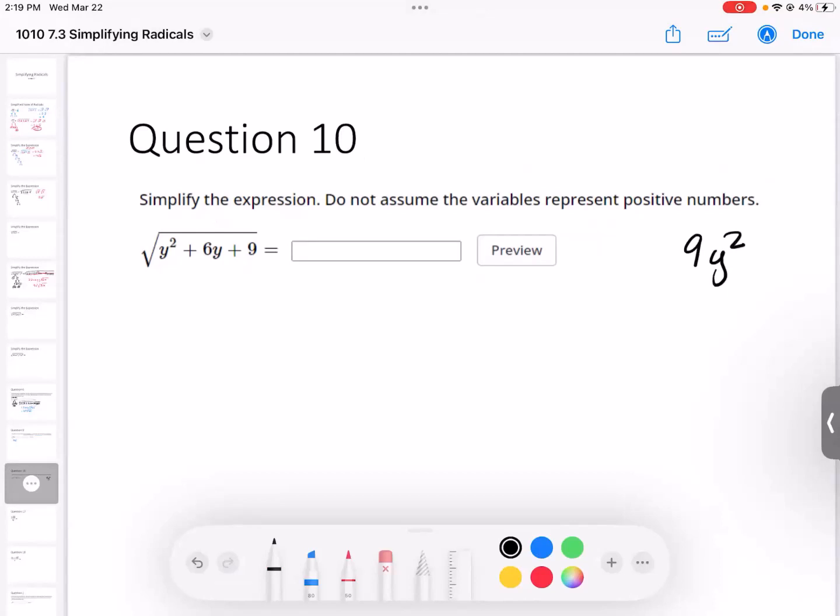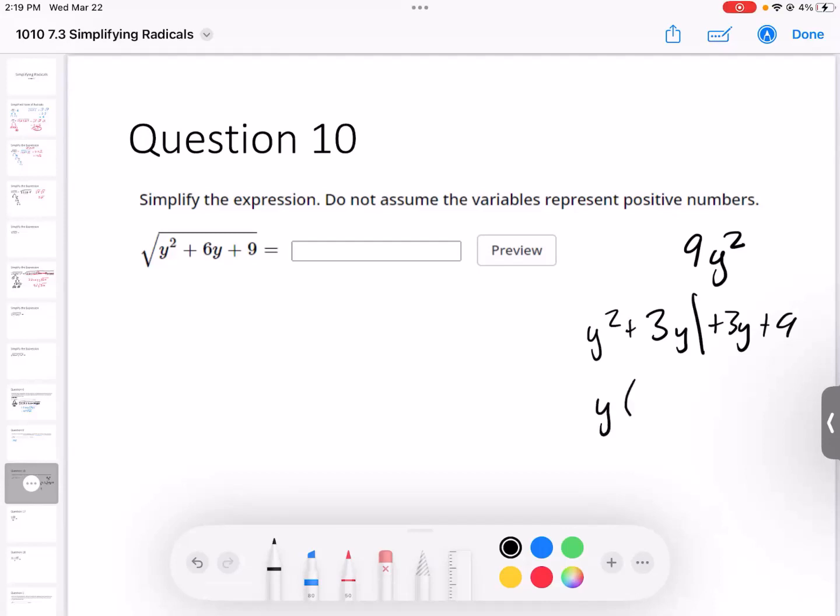What are 2 things that multiply to 9y squared but add to 6y? I think I heard someone say 3y and 3y. That would work, especially if they were both positive, because 3y times 3y would equal 9y squared, and 3y plus 3y would equal 6y. And then you get y squared plus that plus 9, split it into 2 groups.